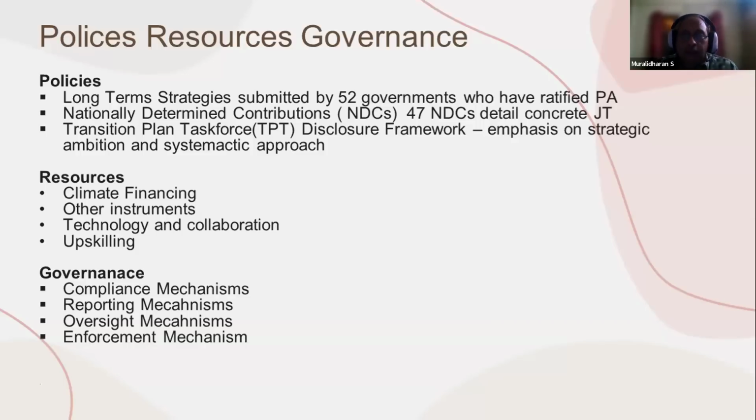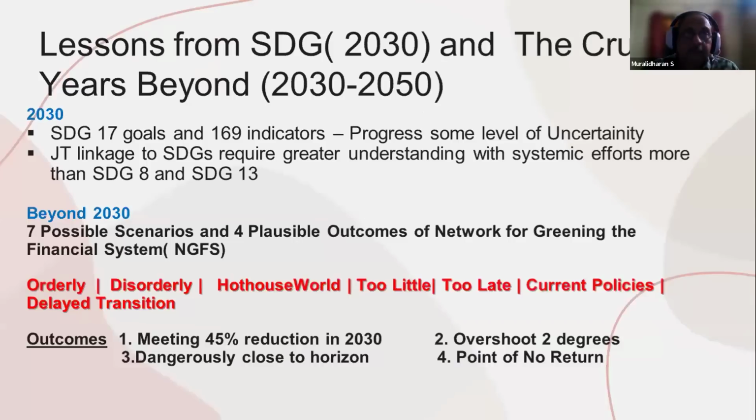And the oversight mechanism: what is the way, as greenwashing and every other aspect is being talked about? How are we going to see to it, whether it is a verification process or it has to be enforceable in some way? All these aspects are being thought of when it comes to the JT.